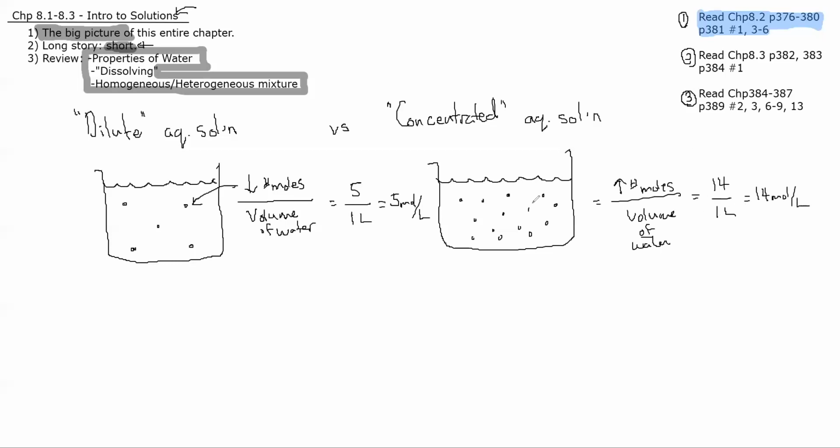So you can say, just visually, this has more dots than that. So this, the one on the right, is a more heavily dissolved, I guess, solution. It has more moles dissolved in the water. It is more concentrated. That's simply it.